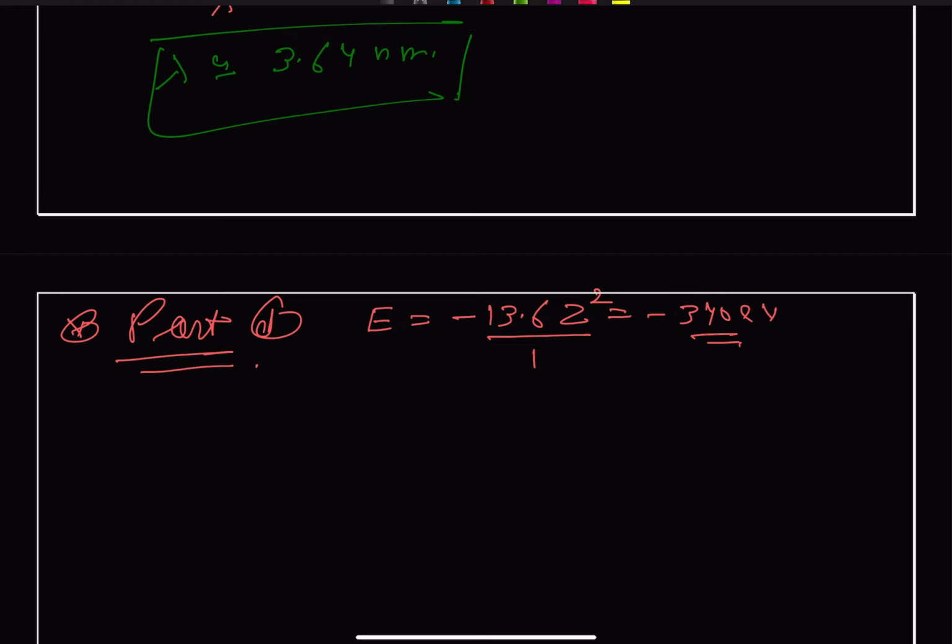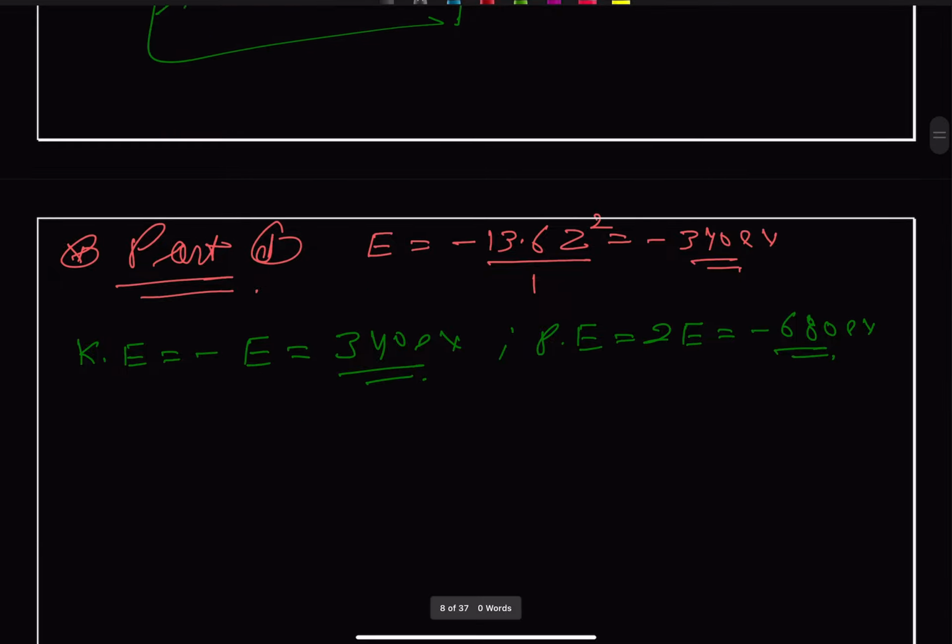And our kinetic energy is the negative of the energy we just calculated, so it comes as 340 electron volt. Our potential energy will be equal to 2 times E, so this comes as minus 680 electron volt.